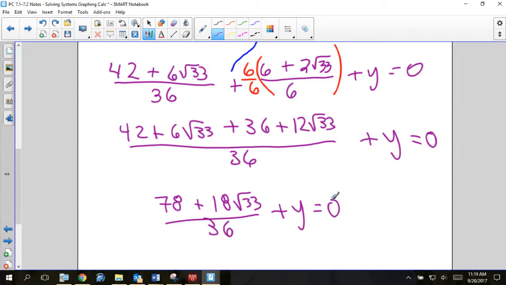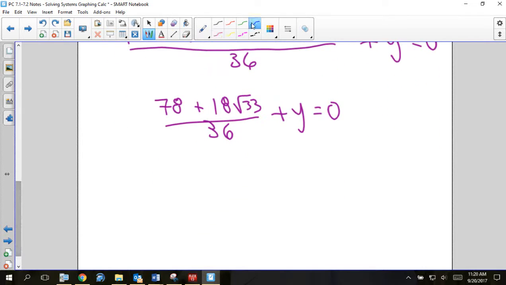Okay, but going back to the most lovely, longest question ever. Do you remember how to reduce these? How to cancel stuff out? Can I just cancel the 18 and 36? No, don't do that because the bunny will die. In order to reduce these, I have to factor out something that goes into 78 and 18, and that also goes into 36. I basically have to divide the entire top by a number.